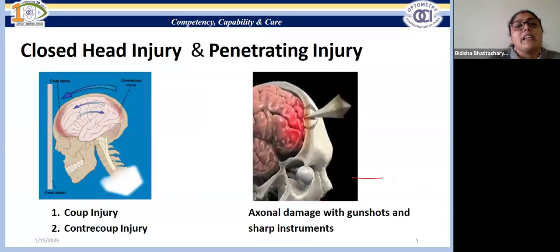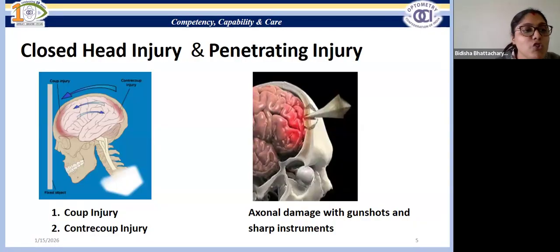So the next part is that under the traumatic brain injury, these are the two main classifications, that is closed head injury and penetrating injury. In closed head injury, there are two types, that is coup injury and the next one is the contrecoup injury. So what exactly does it mean?